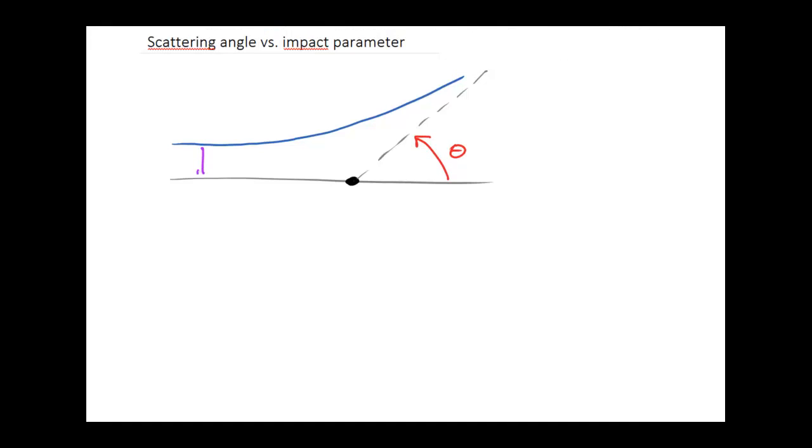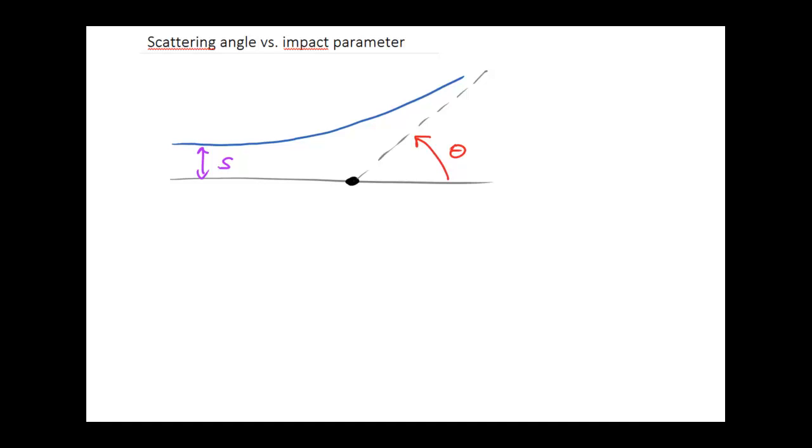Now, the projectile comes in at a certain distance from the beam axis, which we called the impact parameter. Due to the axial symmetry of the problem, the scattering angle theta should depend only on the impact parameter.